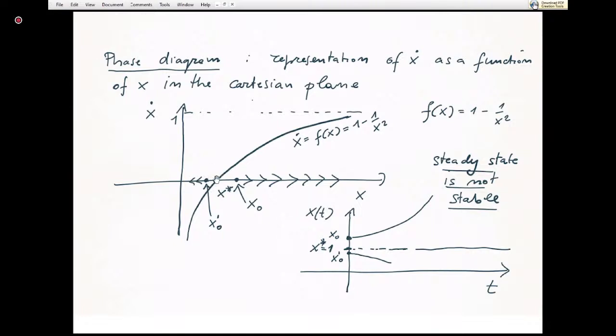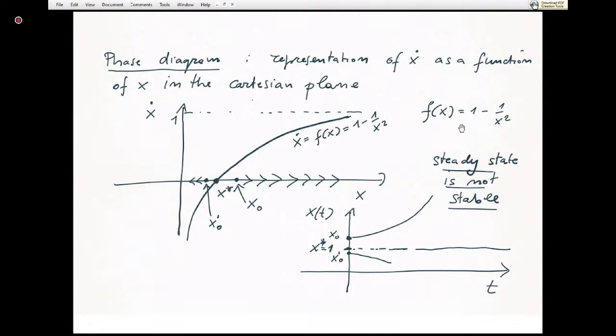It's not stable, clearly, because if we start just slightly on the right, the variable increases, so it moves away from the steady state. We start just on the left, it moves away to the other side. There's no way to start at a different point, except x star, and converge to x star. There's no way. So qualitative analysis suggests that this steady state exists, but it is unstable.